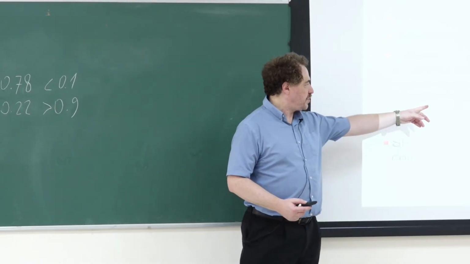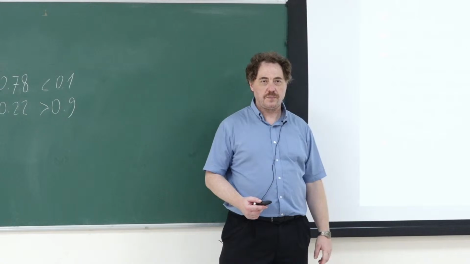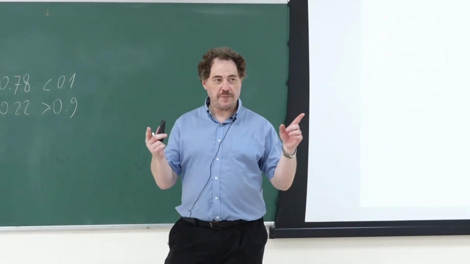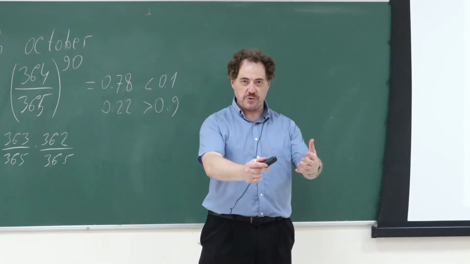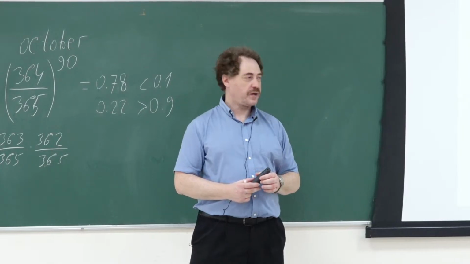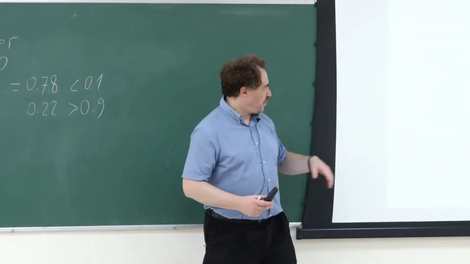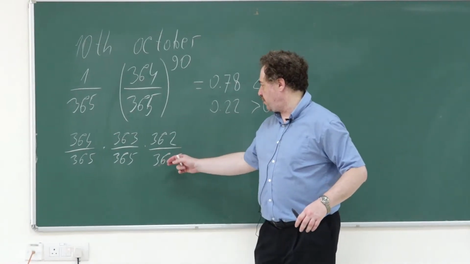Strong collision resistance means it's difficult to find two inputs that hash to the same value. So if there are two input values that hash to the same value, there's a problem according to strong collision resistance. And the probabilities are calculated in the same way as in the birthday paradox.